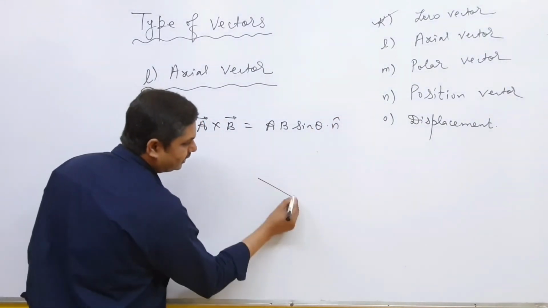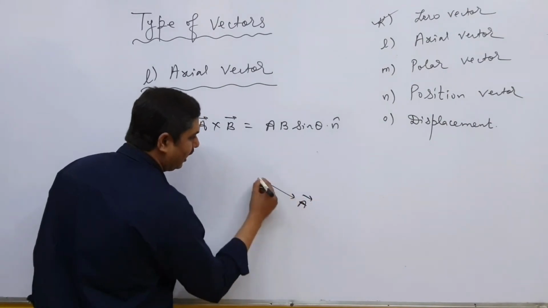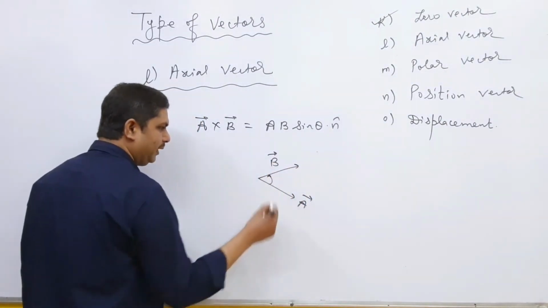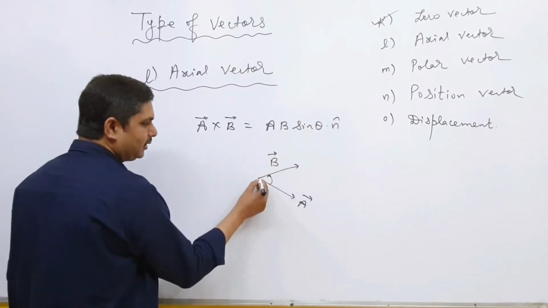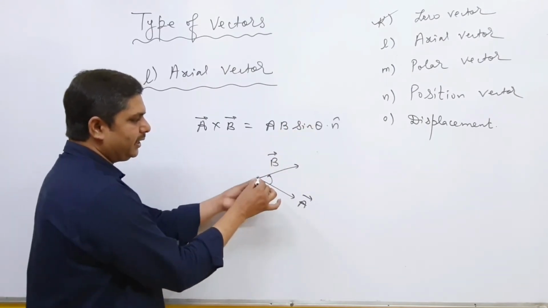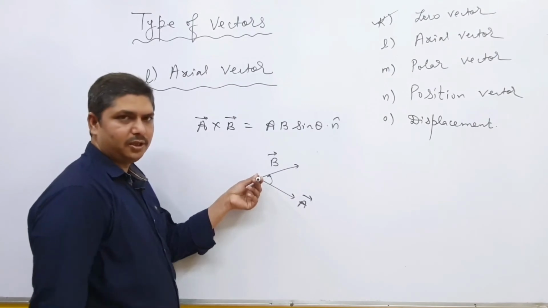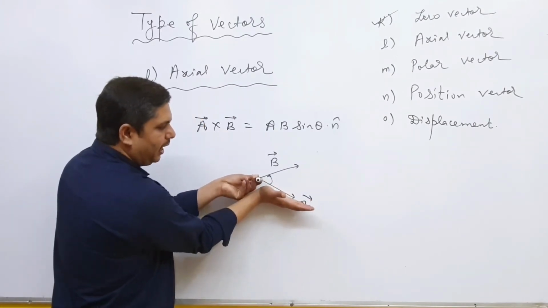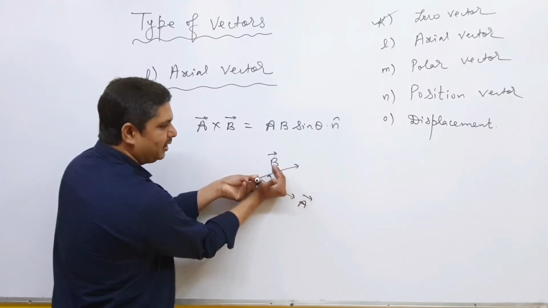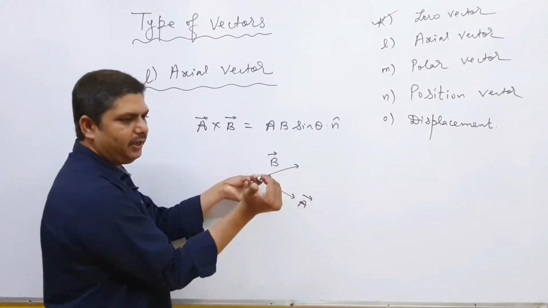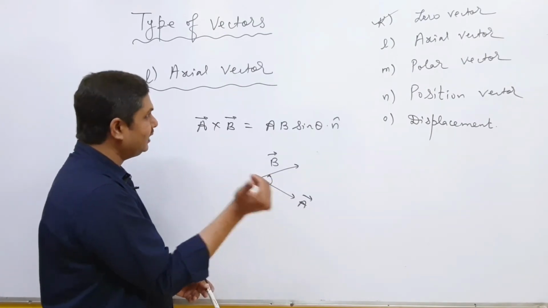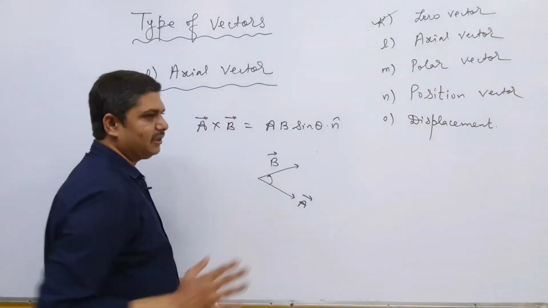If this is vector A and this is vector B and you move from A to B, then n cap is along this direction. How do you get this direction? Put your right hand on vector A and turn the fingers towards vector B, then the thumb points outside, normal to vector A and B. Then this is said to be an axial vector.